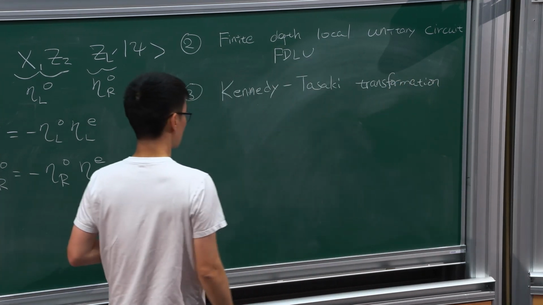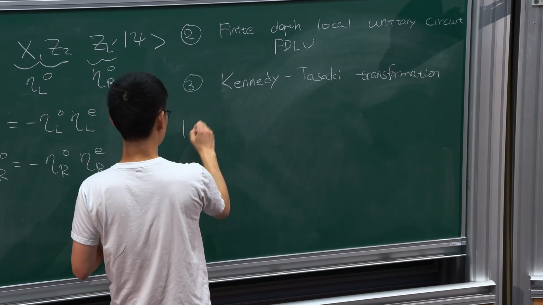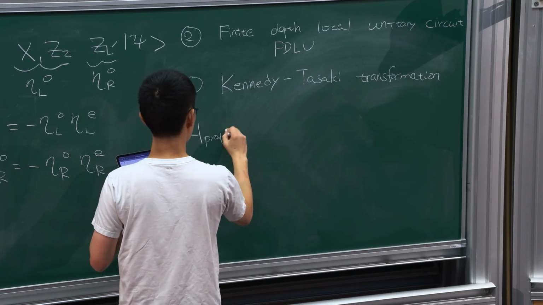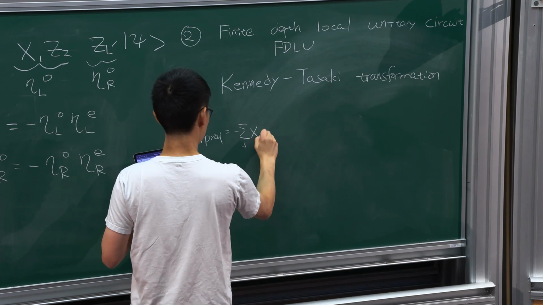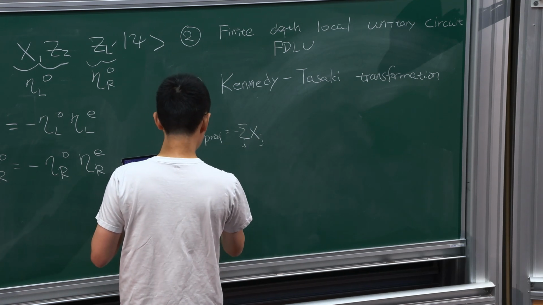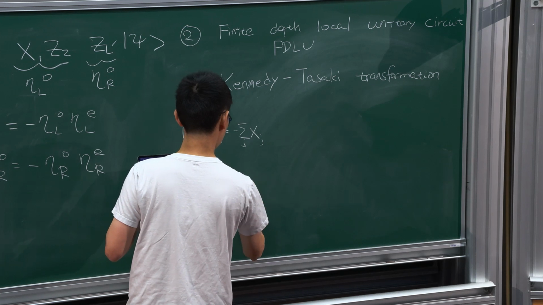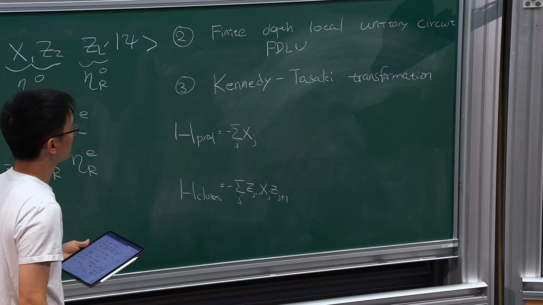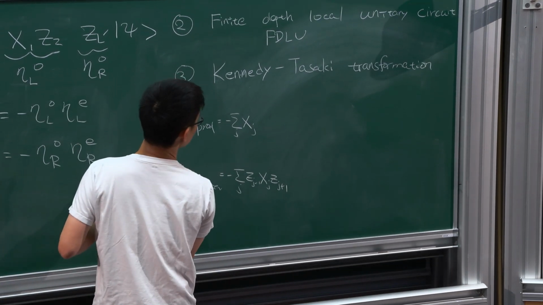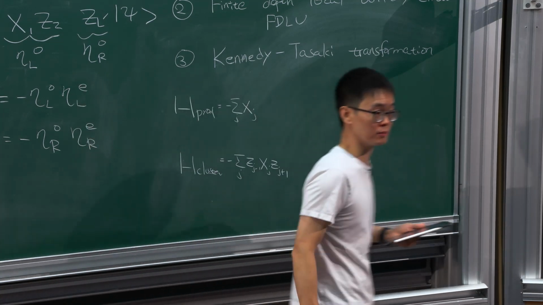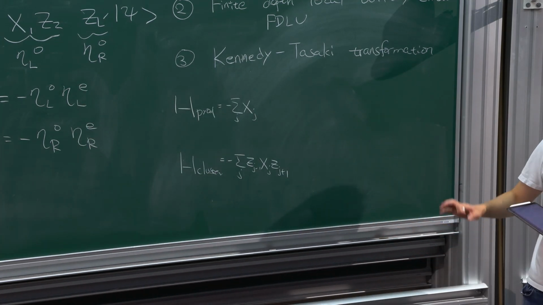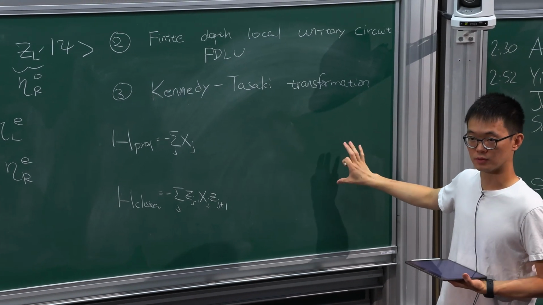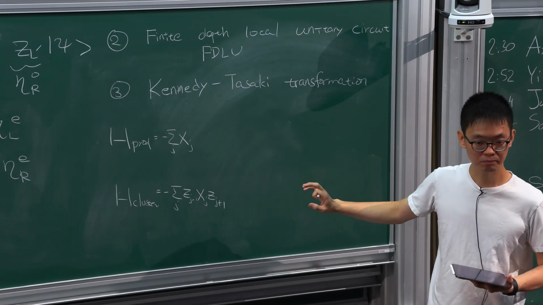So the idea is that it's very subtle to distinguish these two Hamiltonians. But what Kennedy and Tasaki realized is that instead of directly working with these two Hamiltonians which have the same spectrum, why don't we just do some transformation to map them to two other Hamiltonians that look more distinct?